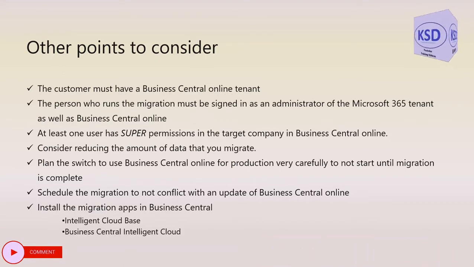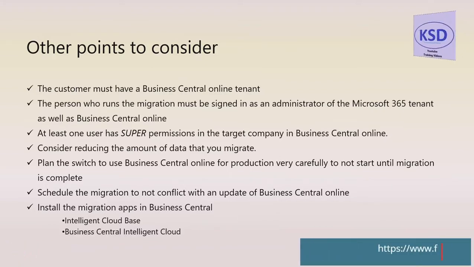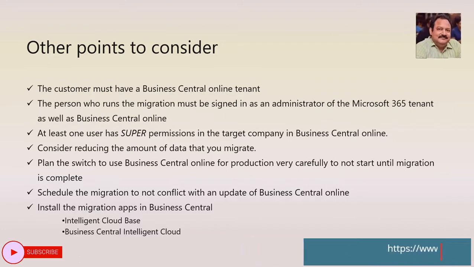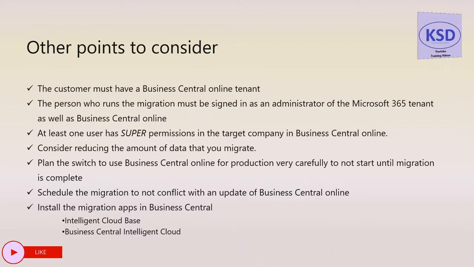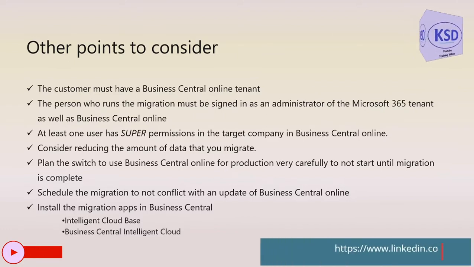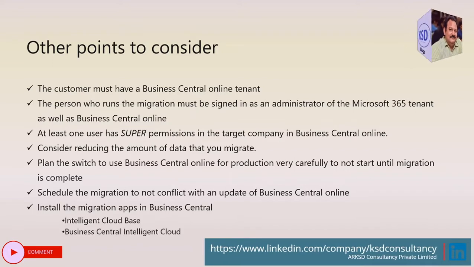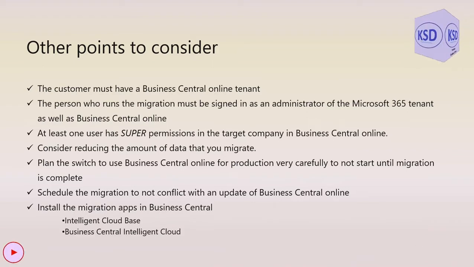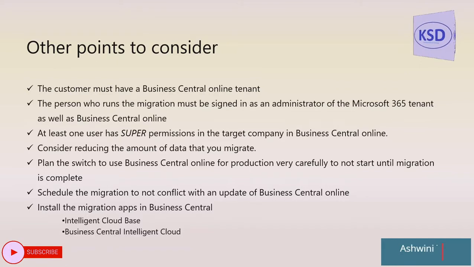He should be an administrator, a super user of your on-premise and your online Business Central SaaS solution also. So at least one user should have super permissions in your target company of Business Central Online so that you can perform all the tasks.